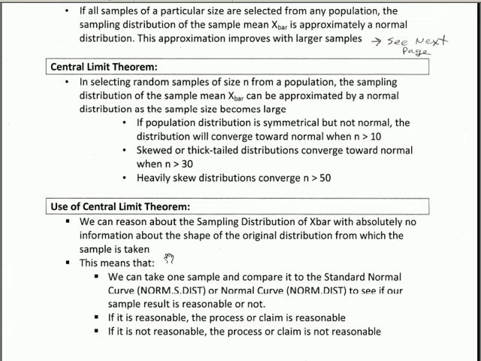This means we can use our functions, NORM.S.DIST and NORM.DIST, to test whether our samples are reasonable or not. Now we're in Chapter 7 here. We'll again use this 7, 8, 9, and 10. All right, next video we'll actually see some examples of how we take our sample mean and test whether it's reasonable or not. All right, see you next video.